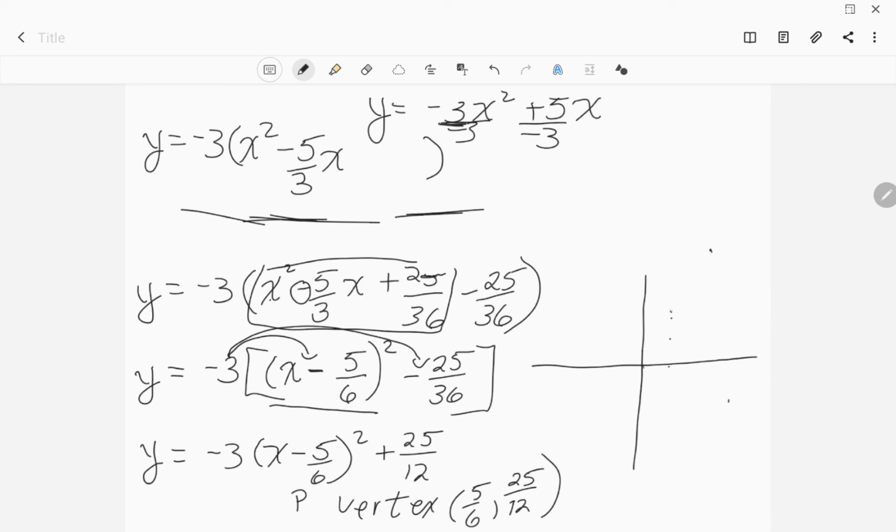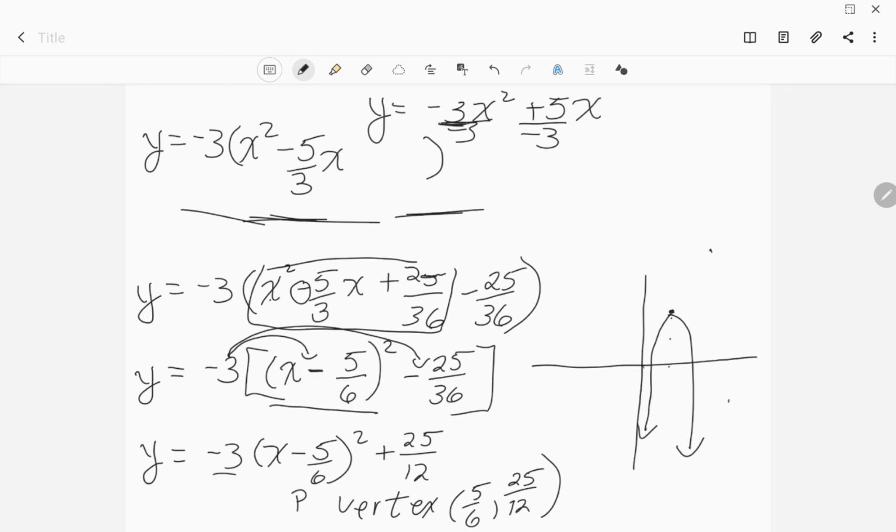So right there. Now, notice there's a negative 3 out in front. The negative 3 means it's opening upside down. And 3 means it's 3 times skinnier than a regular parabola. So it's going to be fairly skinny, and it's going to look like that.